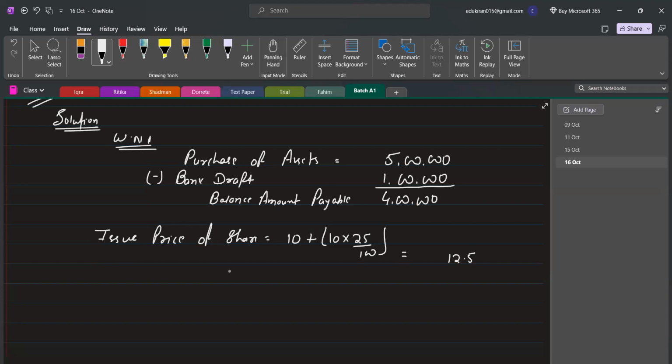Now the number of shares. The number of shares is 32,000. How 32,000 shares? We apply the formula: 4 lakh divided by 10 plus 2.5, that is 12.5. Let me calculate again.